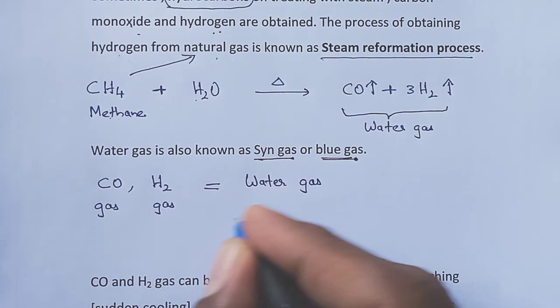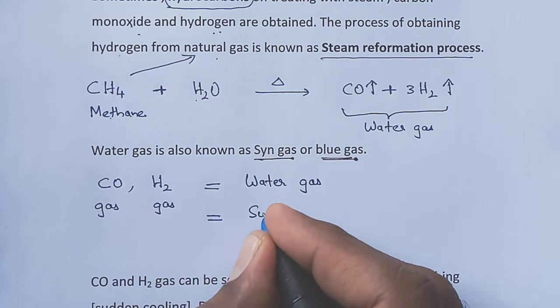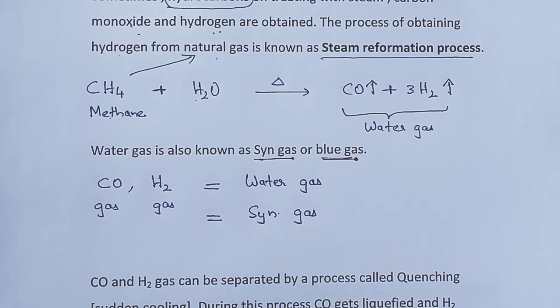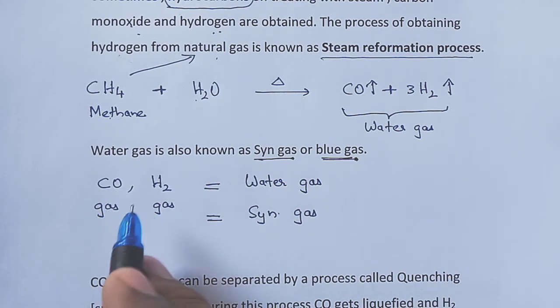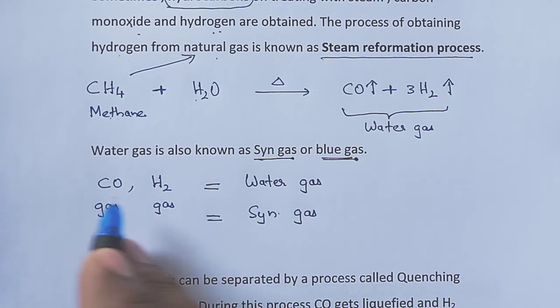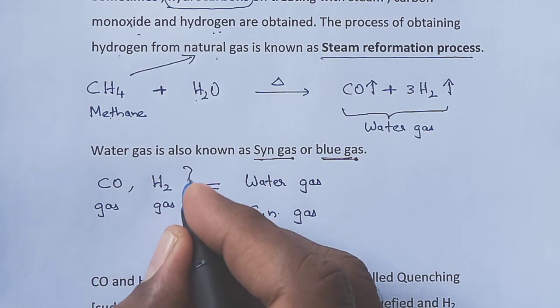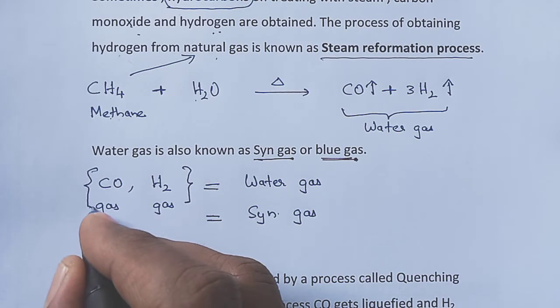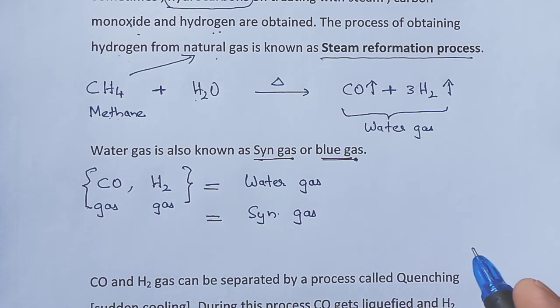There is another name for water gas. What is it? Syngas. Why is it called syngas? Because by using this water gas, or CO and H2 mixture, we can prepare many organic compounds.